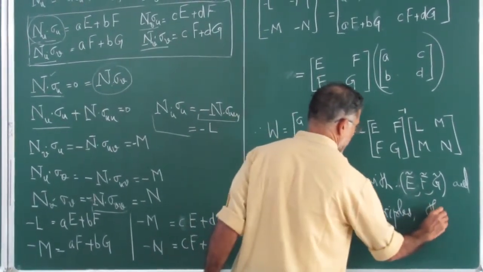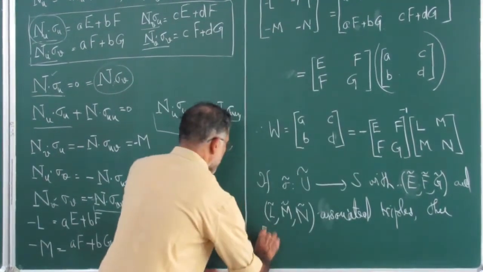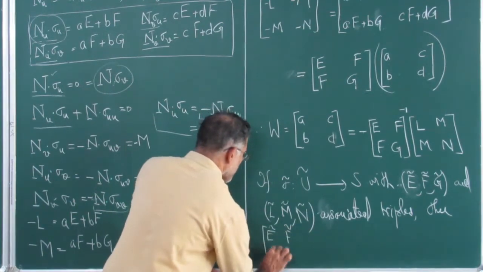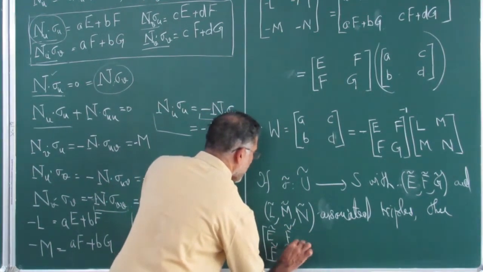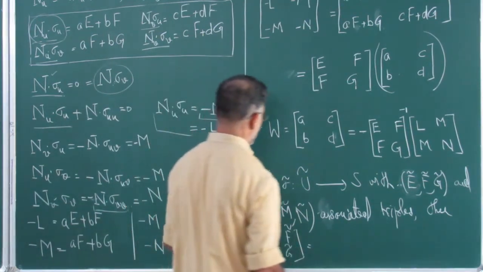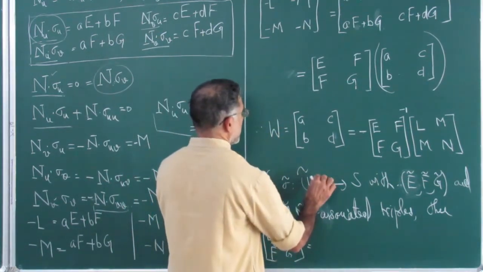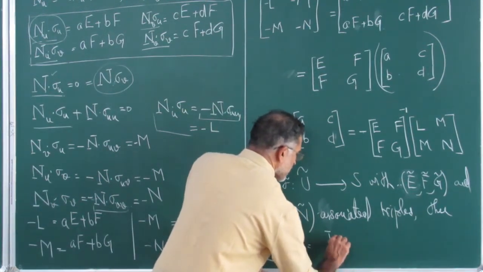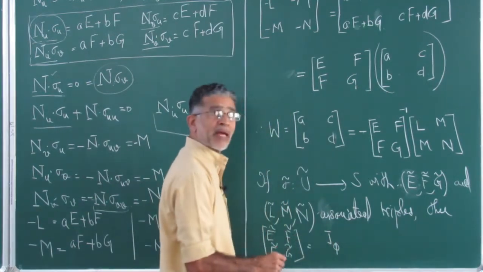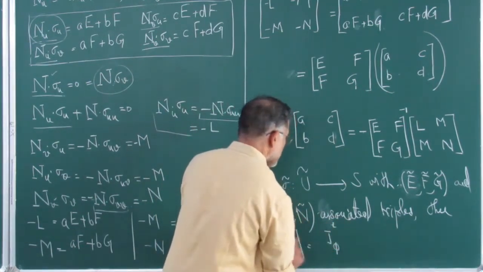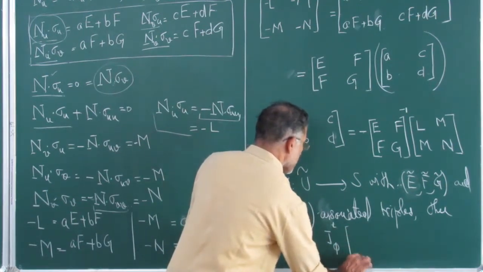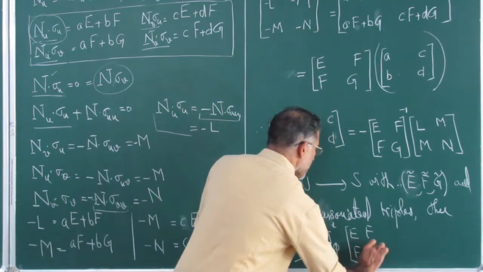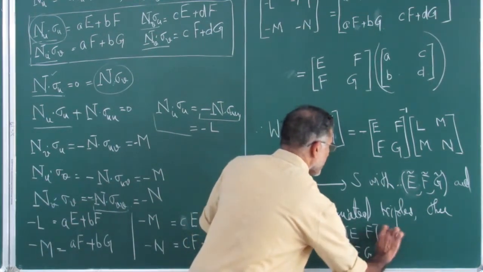Then one thing we already have done, then at least let me write that, E tilde, F tilde, G tilde, this is equal to, look at the transition map phi, look at its Jacobian, then we have seen that this is equal to the transpose of the Jacobian, E, F, G, Jacobian.